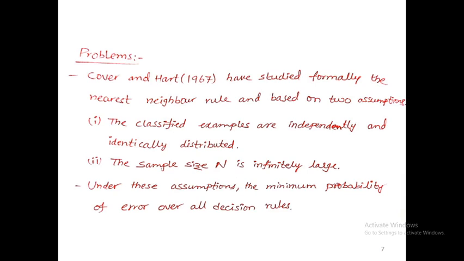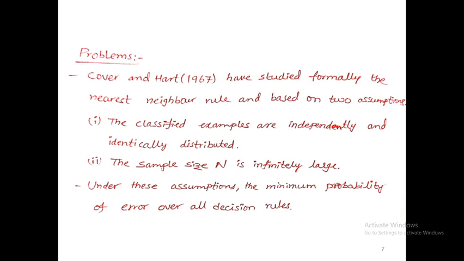One is that the classified examples are independently and identically distributed; if so, that is not a problem. The other assumption is that the sample size n is infinitely large. Under these assumptions, there is a probability of getting the minimum error over all the decision rules.